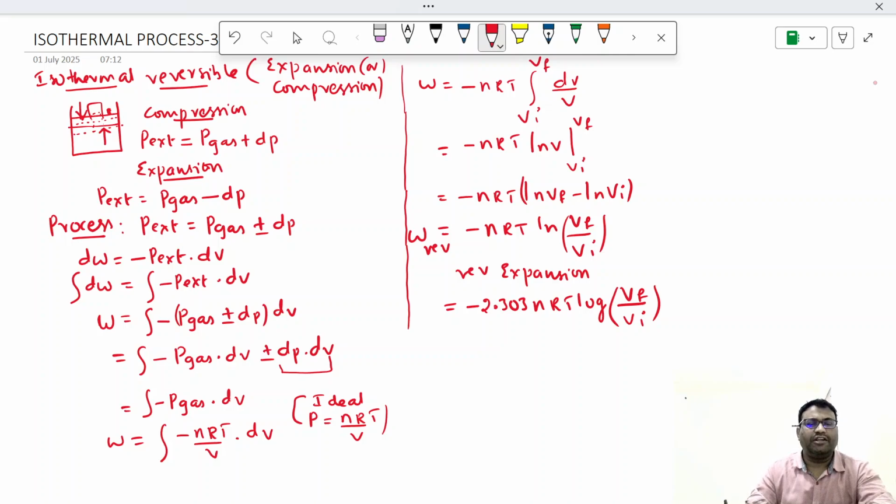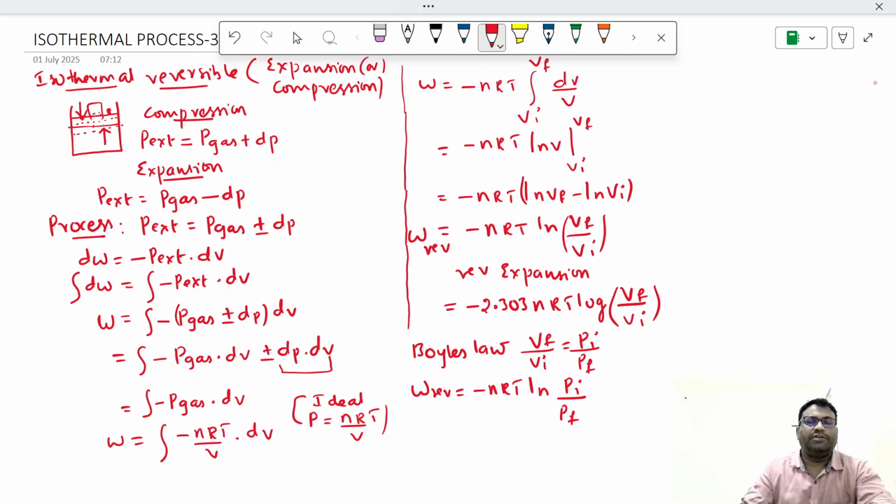And we know that according to Boyle's law, V final by V initial is equal to P initial by P final. So the same formula can be written in terms of pressure: work done reversible is equal to minus 2.303 nRT log P initial by P final. So this one is in terms of volume, and this expression is in terms of pressure.